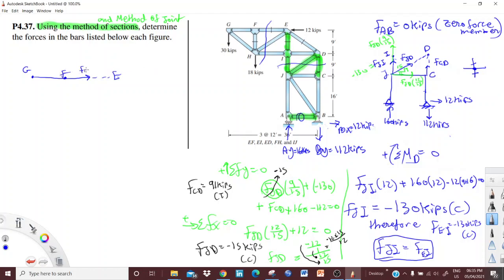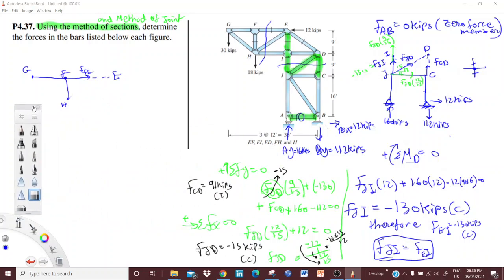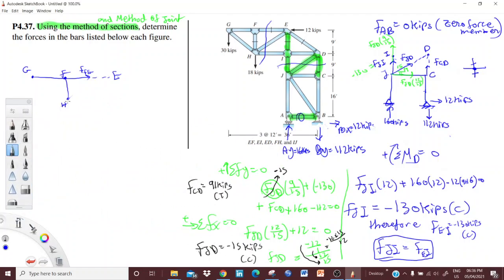This is force FE, and you have a vertical at H going along the way E.